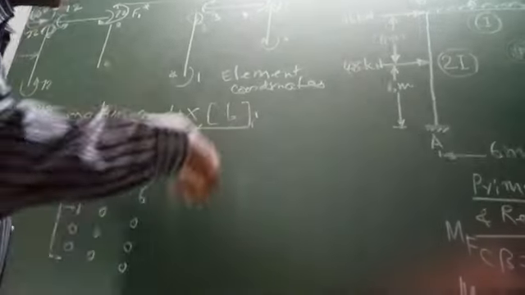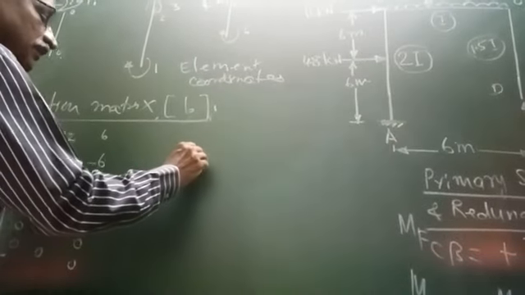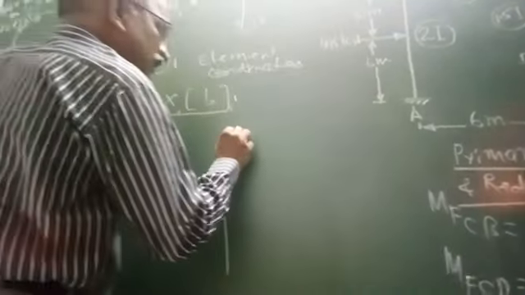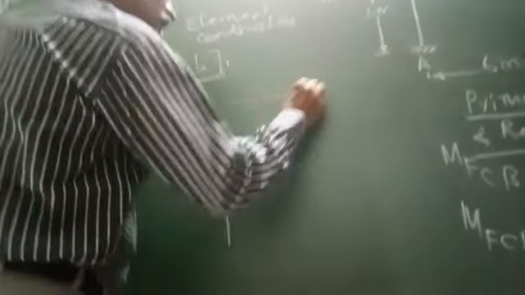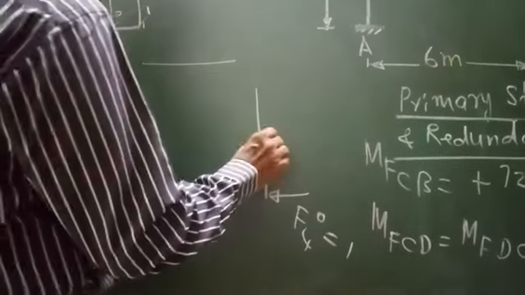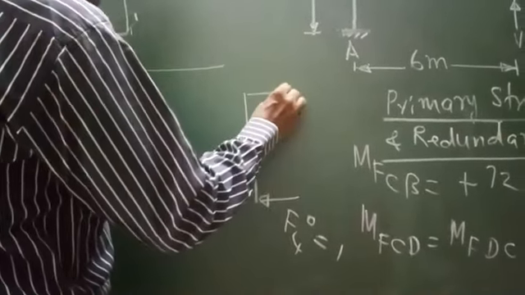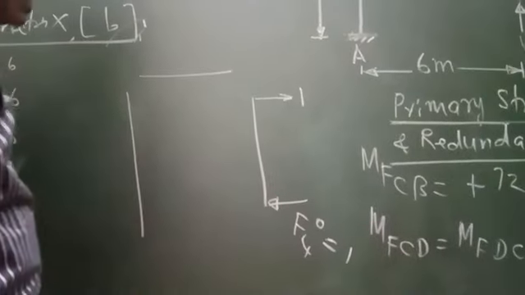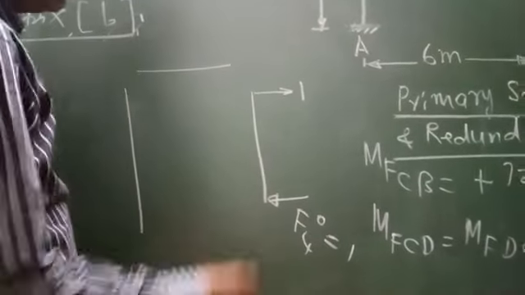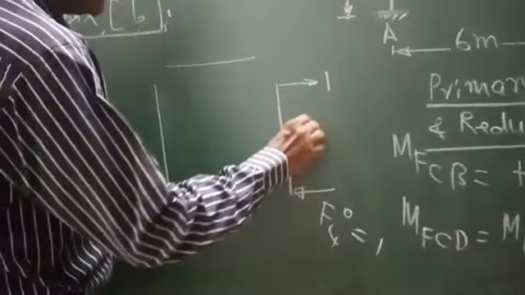Now coming to the fourth value, this is the frame. These are the different elements. Now we are going to apply F4 naught equal to unity. Right. Now for this member equilibrium, when this is 1 towards left, this is 1 towards right, to satisfy sigma h equal to 0, but this is 9 meters.